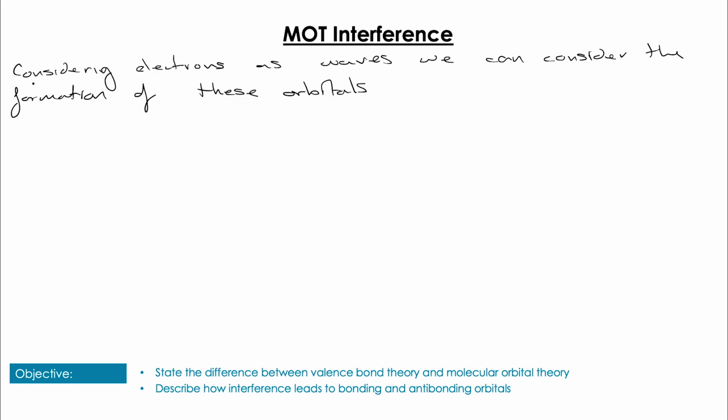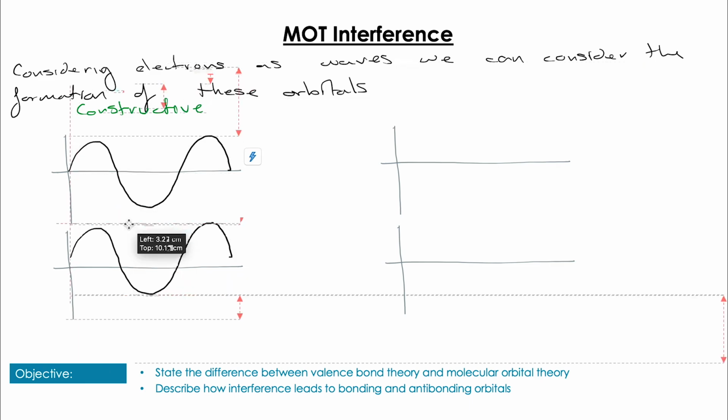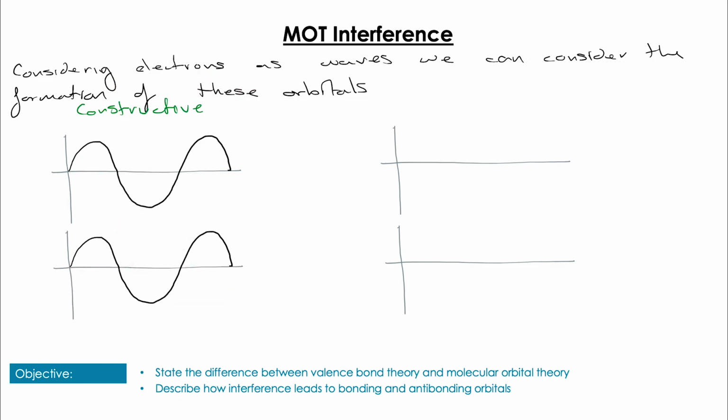So we can have 2 types of interactions of waves. I'm going to represent these using a simple line. Of course, this is just a representation. It's not actually happening like this. If we think of constructive interference, we have 2 waves that are both in phase, so the peaks and the troughs of those waves line up with each other.